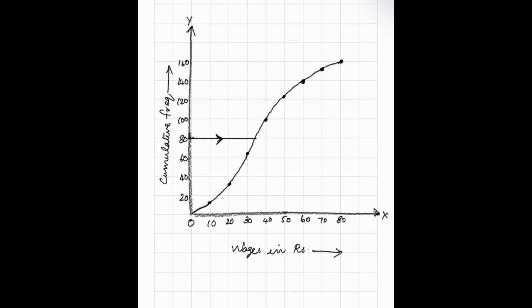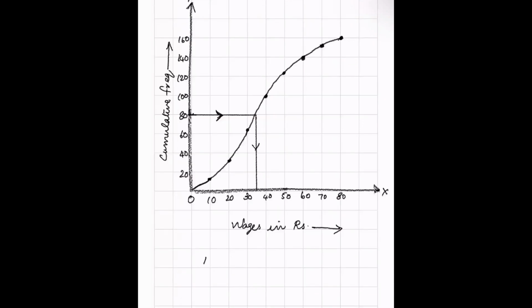Make sure you also draw it vertically downward from that point, and then an arrow. This arrow is important to show the direction from where you are starting. In this case, you are starting from the cumulative frequency 80. So maybe you can mark that the median is 35.